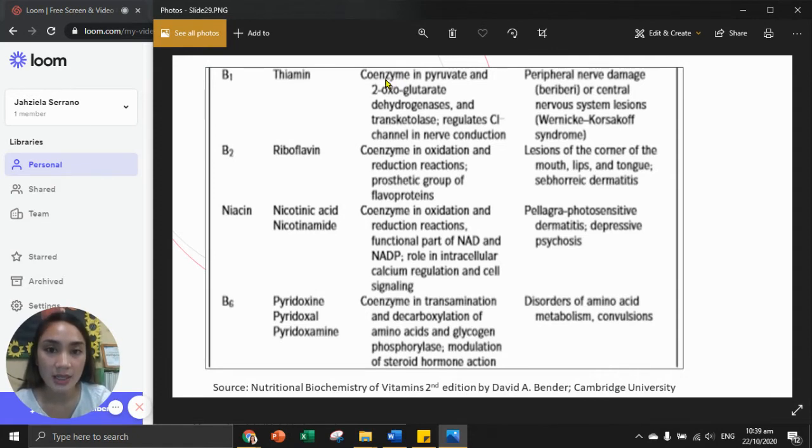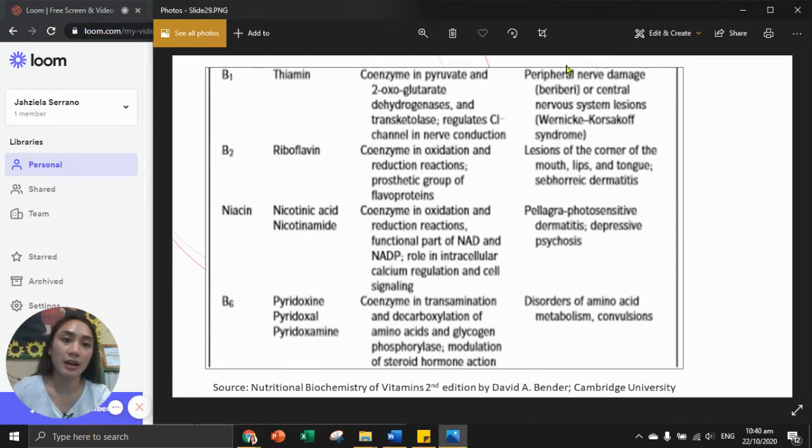So, ang thiamine is very important in coenzyme, in pyruvate, and 2-oxoglutarate dehydrogenases and transketolase, regulates chloride channel in nerve conduction. So, remember this, no, sa nerve conduction. So, dito kaya nga sinasabi, di ba, most foods contain thiamine. And karamihan din ng breads, especially sa breads, matataas ang vitamin Bs.